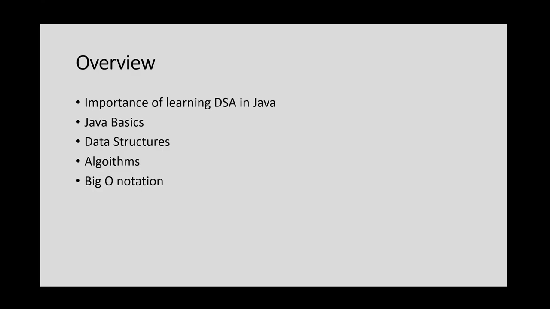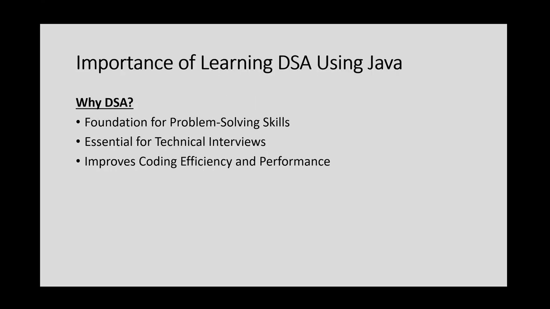When I say data structures and algorithms, there comes one particular concept called O notation, or big O notation. These things we will look into in detail in today's session. So let's dive into it.